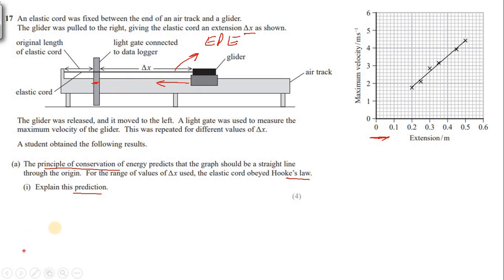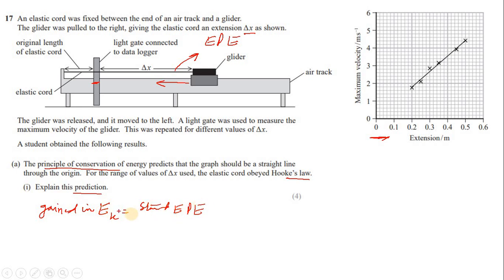So you say that the elastic potential energy is converting into kinetic energy. So gain in kinetic energy is equal to the stored elastic potential energy.